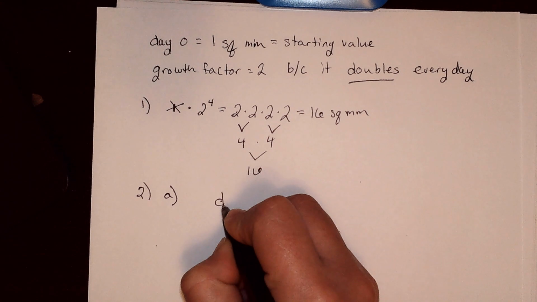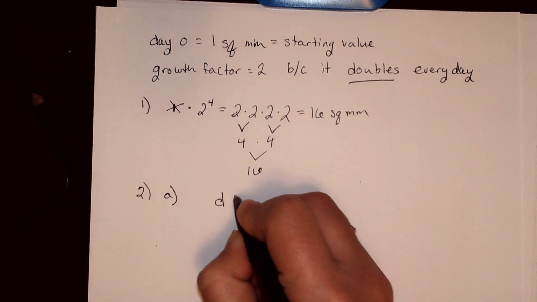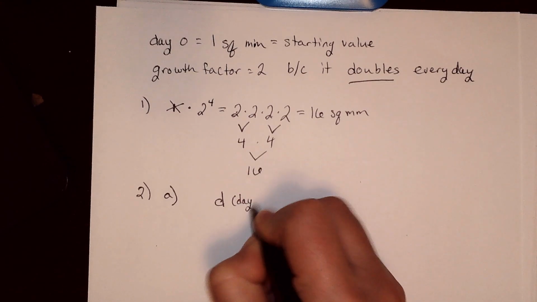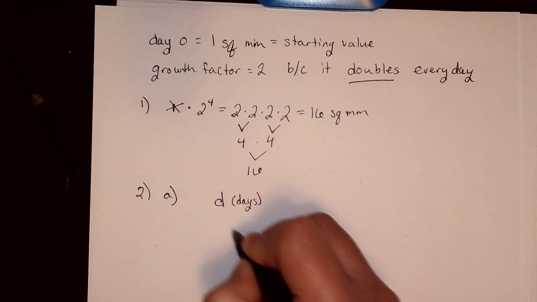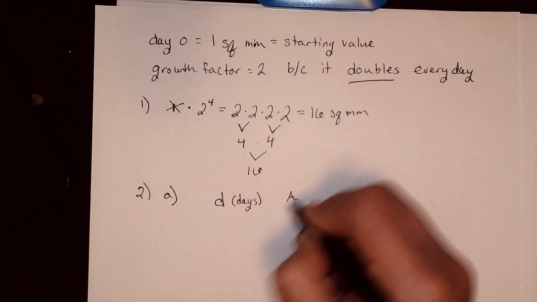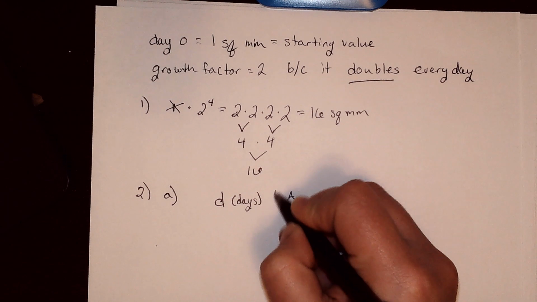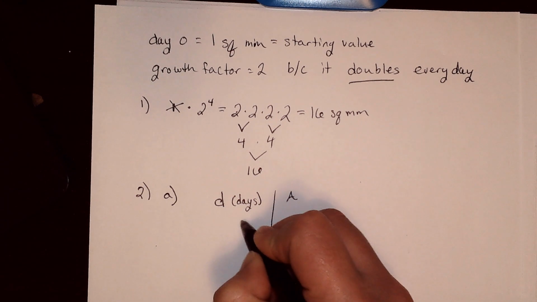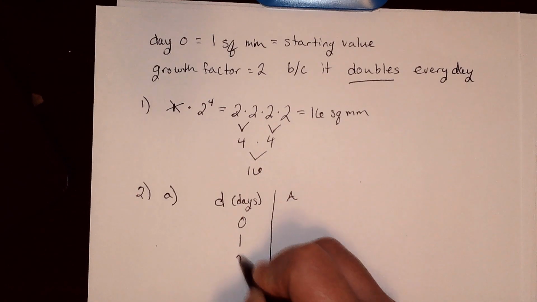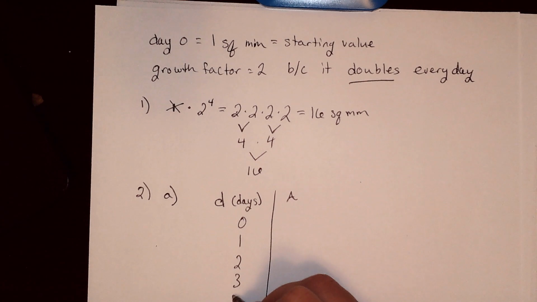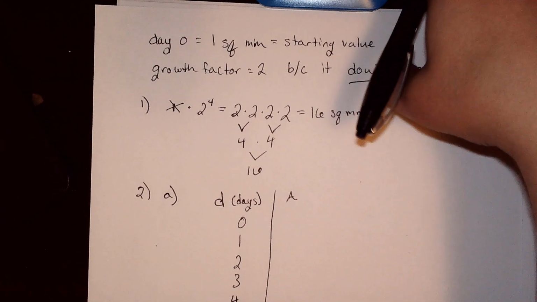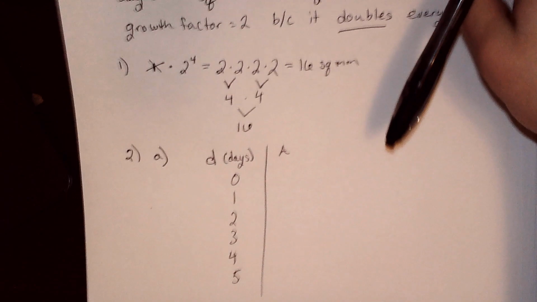So we have D, days, and area. Let's do day 0, 1, 2, 3, 4, and 5, and I am off screen. Let me move this up.